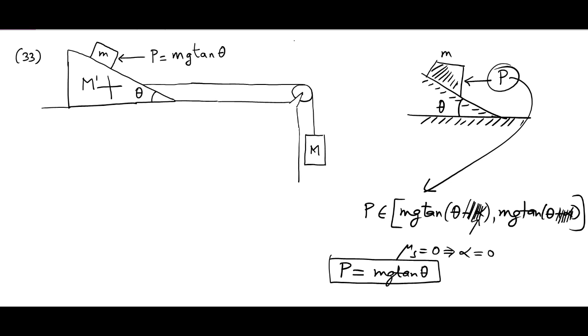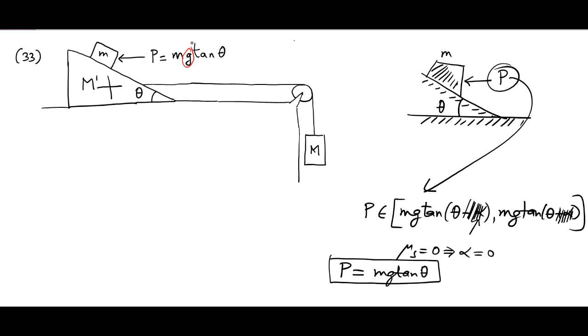Remember, in this problem I'm not clubbing together the pseudo force with the weight, and I'm not trying to evaluate G effective. So this G is the G which arises because of the real weight, the real gravitational acceleration.